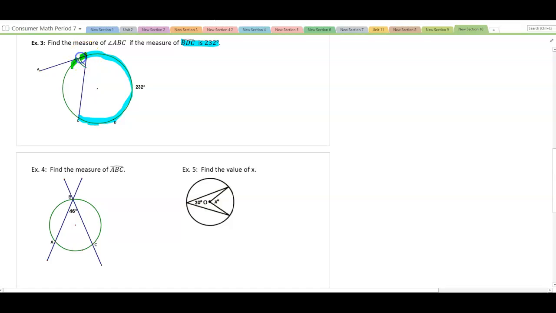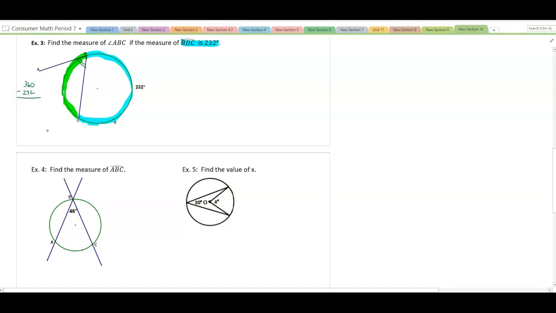To find the measure of that angle, I need the measure of this arc here. Can I find that arc? This green arc, what do the blue and the green arc have to add up to? 360 degrees. So all I'm going to do is take 360, subtract 232.